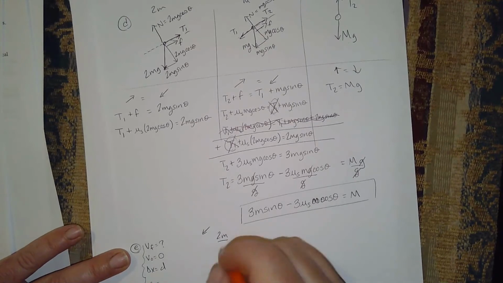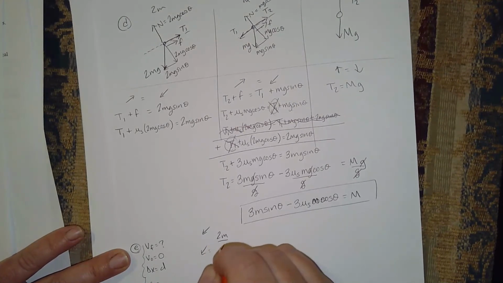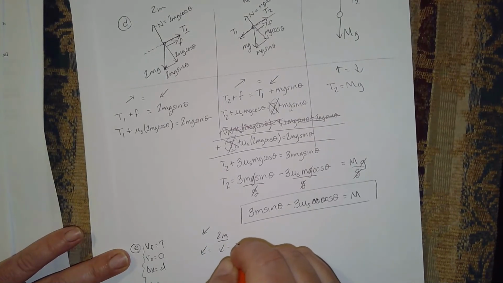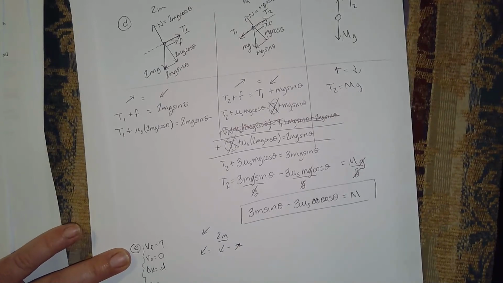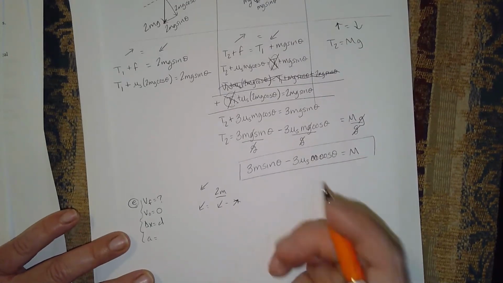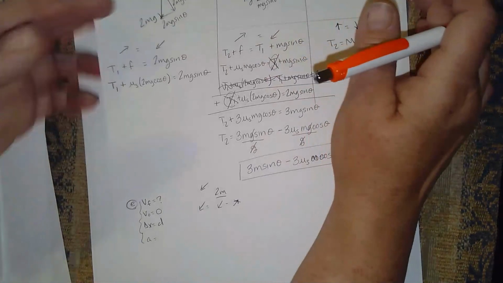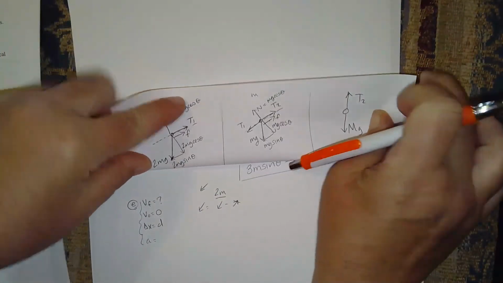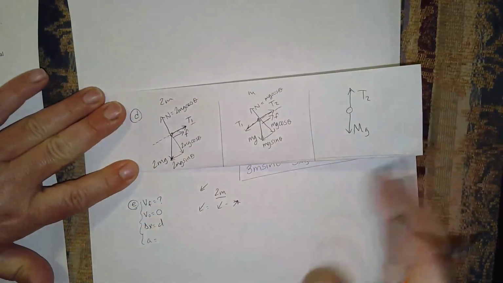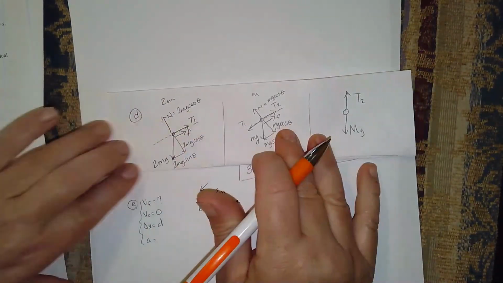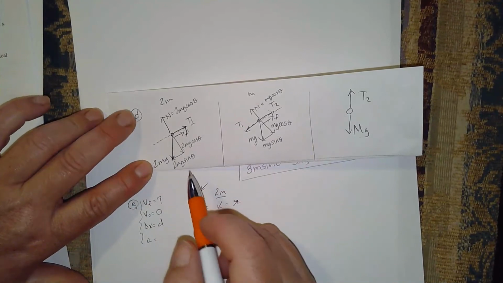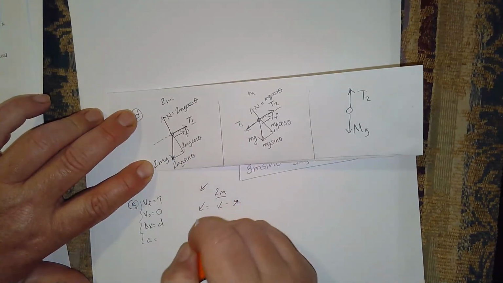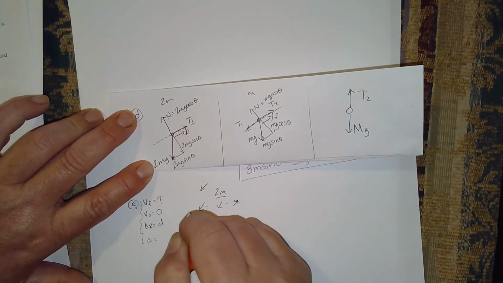So I'm going to write down the hill minus up the hill. The 2m block, let me fold this back so you can see my free bodies here. There we go. My 2m block right here at the beginning, this is his net force.